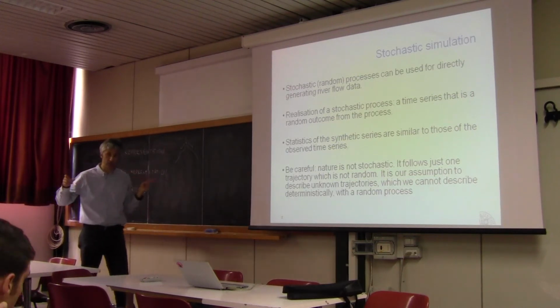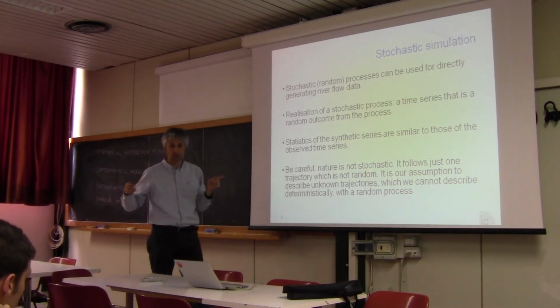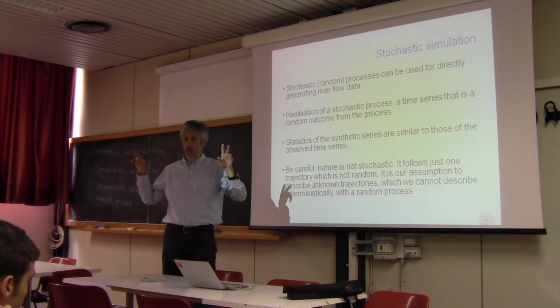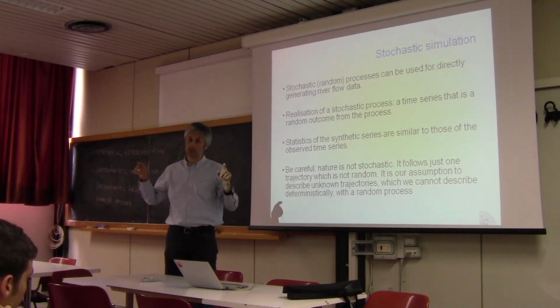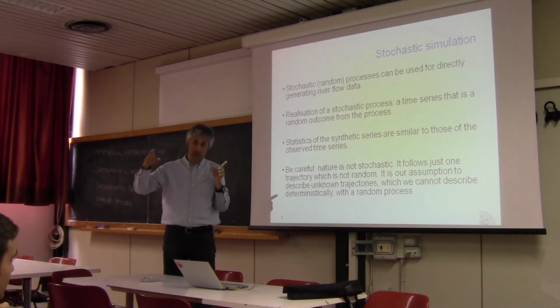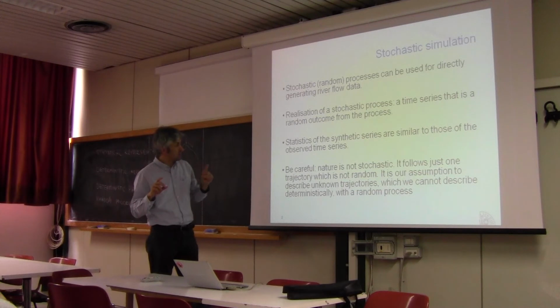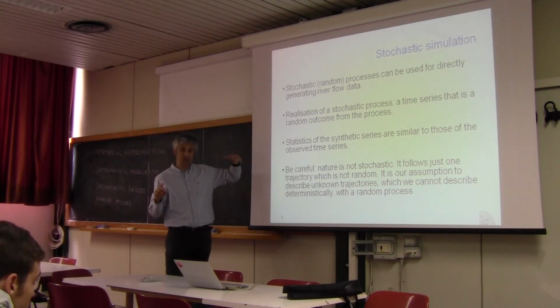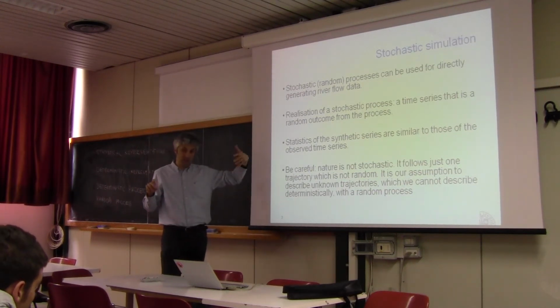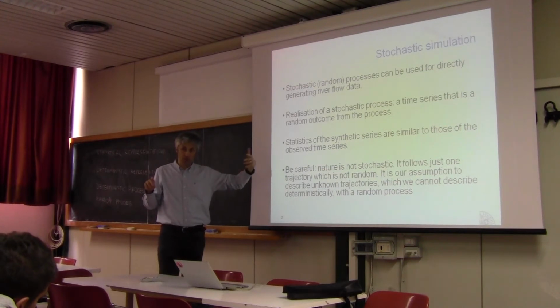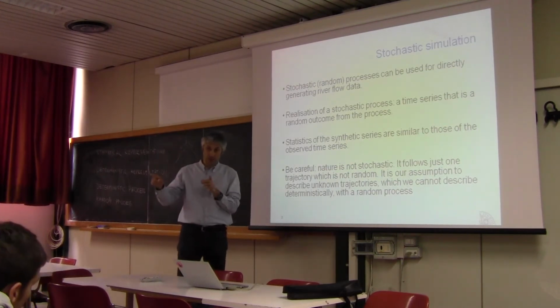If you take a time series of river flows, if we assume that the river flow is a stochastic process, then the time series that we have is a realization. And keep in mind that a stochastic process may have several possible realizations, because I said that the output is not unique.